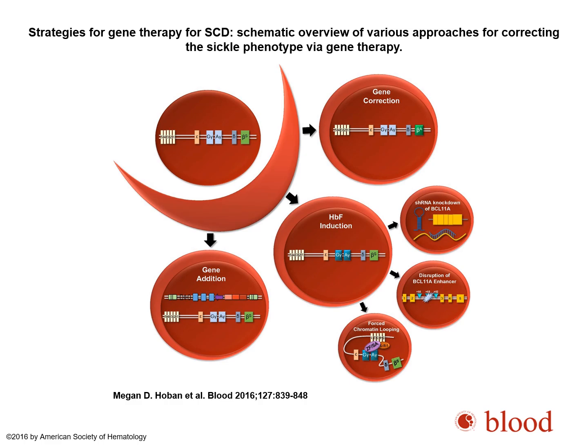One could do gene addition in the lower left-hand panel, where another gene is added to the abnormal sickle gene, and therefore you're going to get a situation where patients make a hemoglobin that's other than sickle hemoglobin, and people have done this successfully by adding another form of fetal hemoglobin, which I'll show you in a little bit, and this works very well.